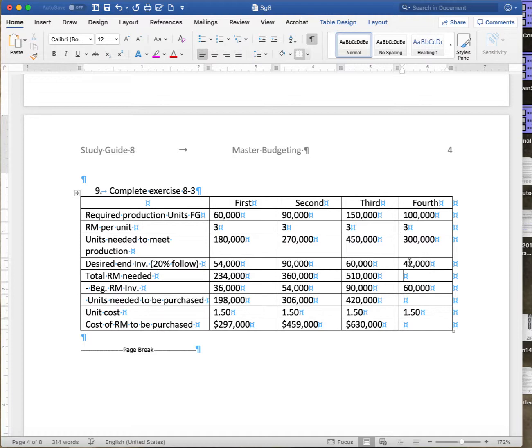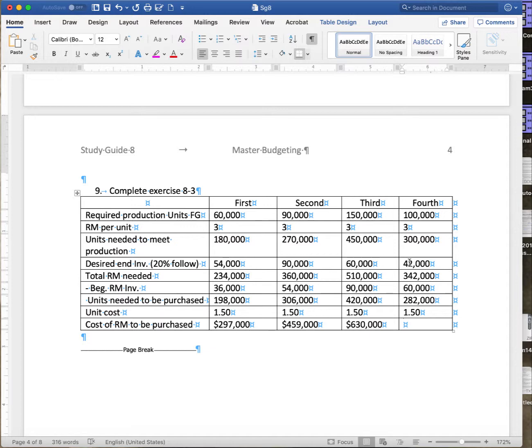So I now know that in the fourth quarter my total raw materials needed are 342,000 grams of this musk oil. Since I started the quarter with 60,000, and I need 342,000, the difference between those two should be 282,000 units.